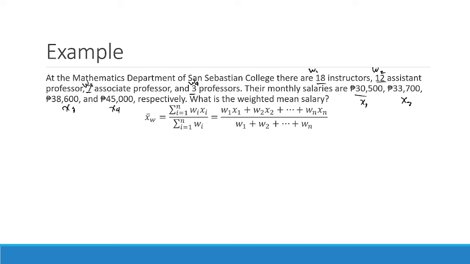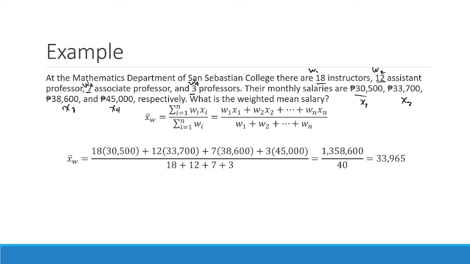So we have there the summation of the products of the weights with their corresponding values, divided by the summation of the weights. So we have W1 times X1 plus W2 times X2 and so on, until we reach X4, and we divide that by the sum of the weights.